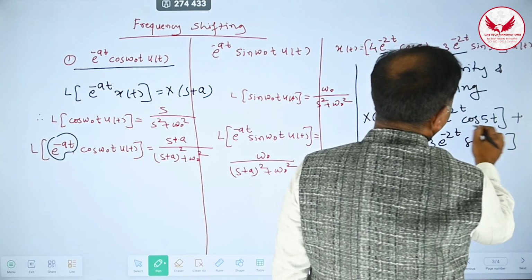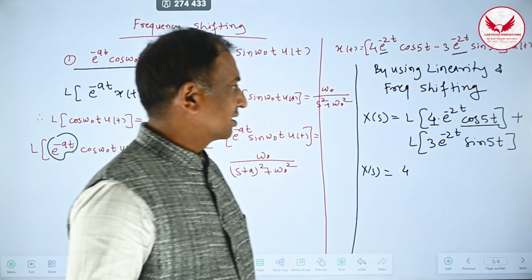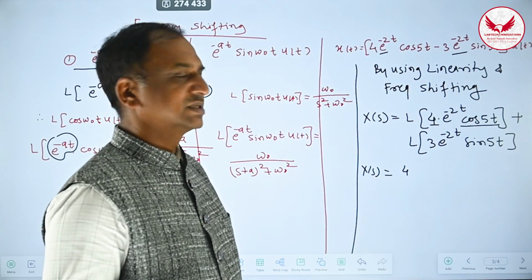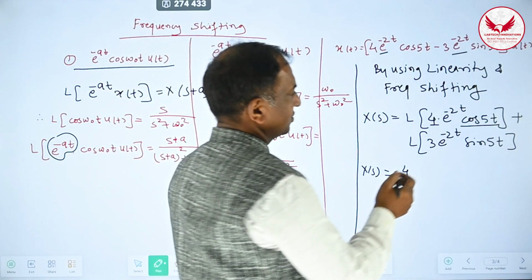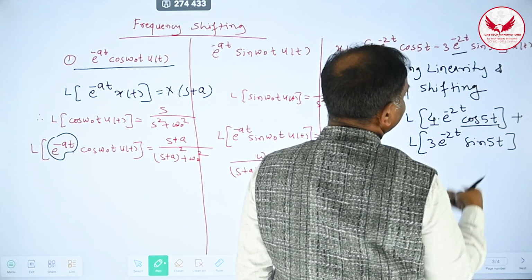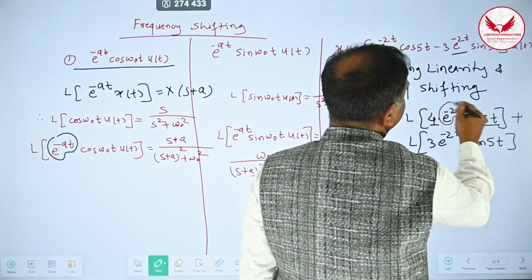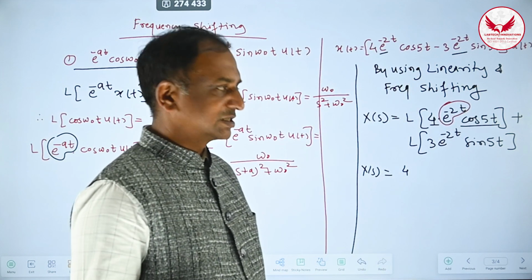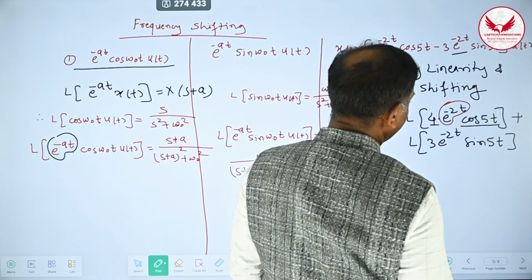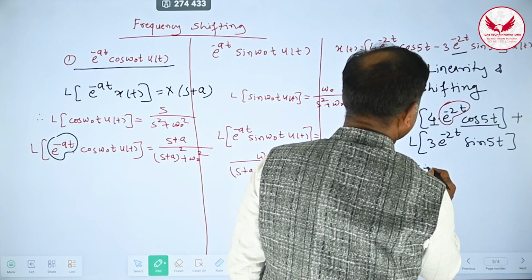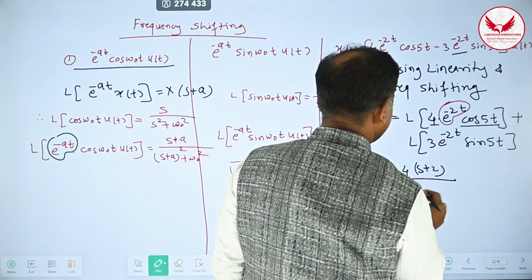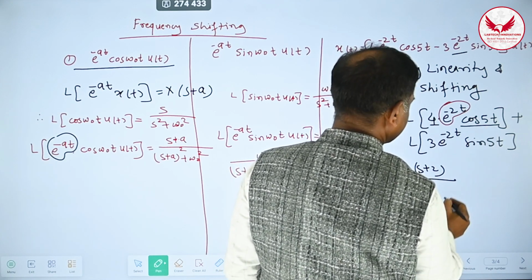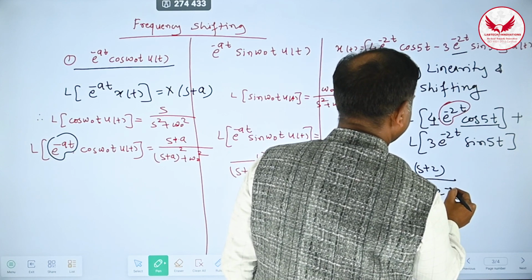We know Laplace transform of cos omega 0 t u of t is equal to s upon s square plus omega 0 square. Omega 0 is 5. So s, and here it is multiplied by e raised to minus 2t, so wherever s is there, s will be replaced by s plus a. Therefore it will be equal to s plus 2 upon s plus 2 whole square plus omega 0 square, 5 square, that is 25.